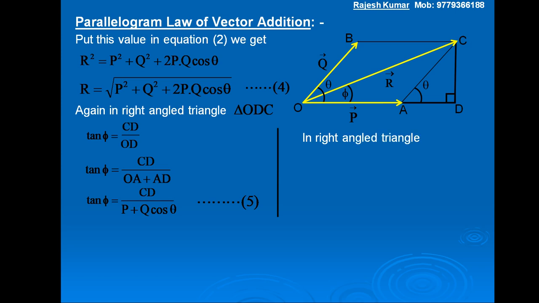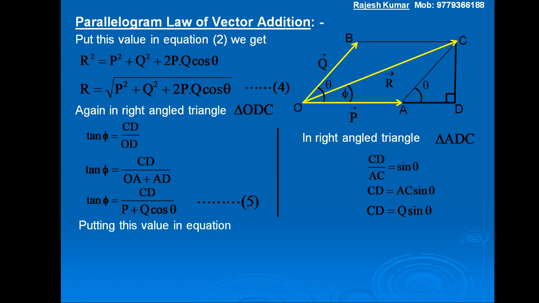Again in right angle triangle ADC, we get CD upon AC. CD is height upon AC is hypotenuse. It is equal to sin theta, or CD is equal to AC sin theta. Now because AC is equal to Q, the magnitude of vector Q, therefore CD is equal to Q sin theta.